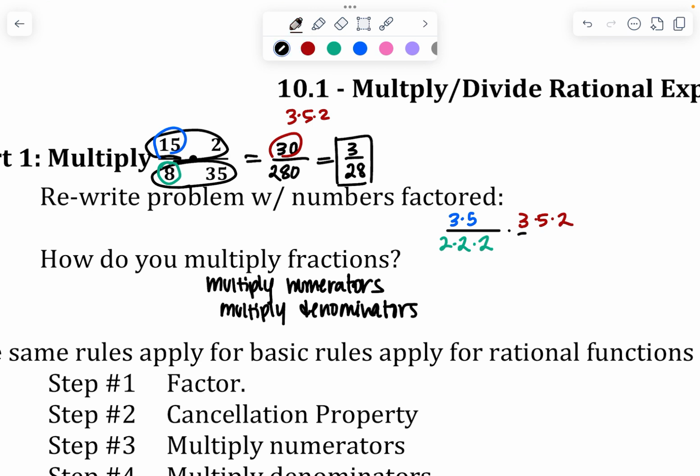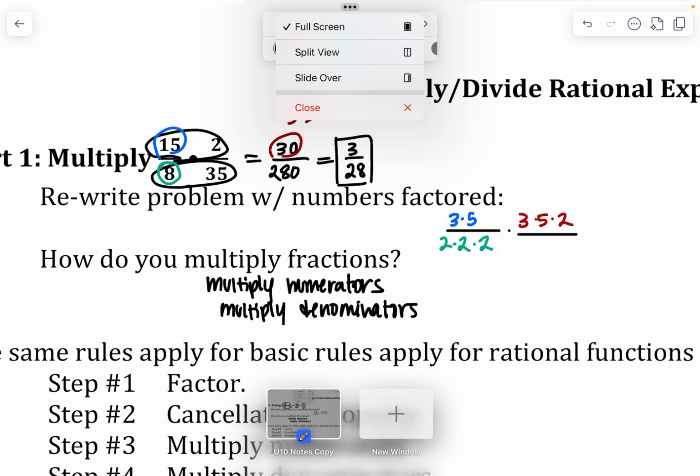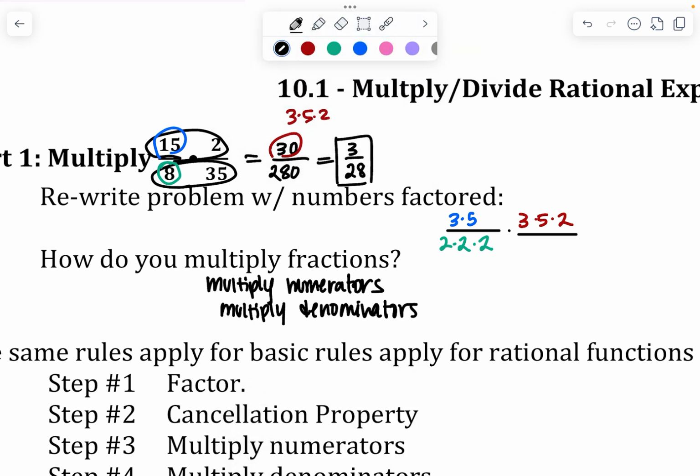Oh, not 30, it was 2. Sorry, I was looking at the wrong thing. Undo. And so we just want the 2 here. And then 35 would be 5 times 7.